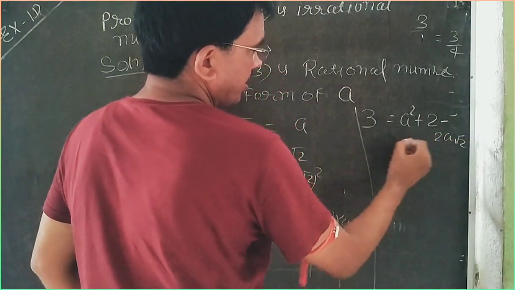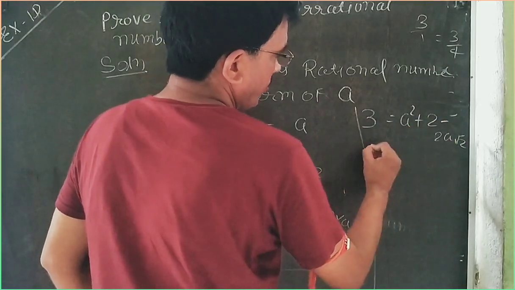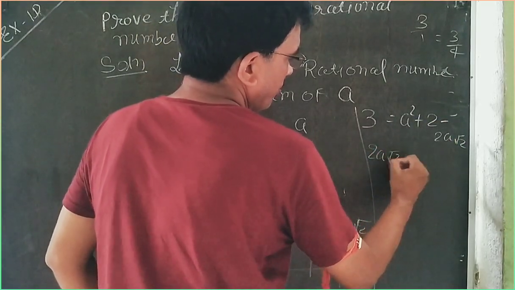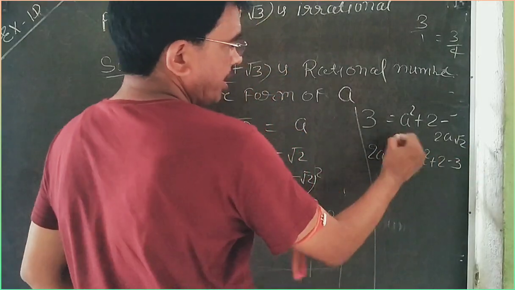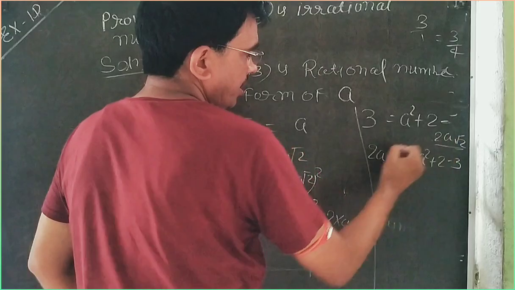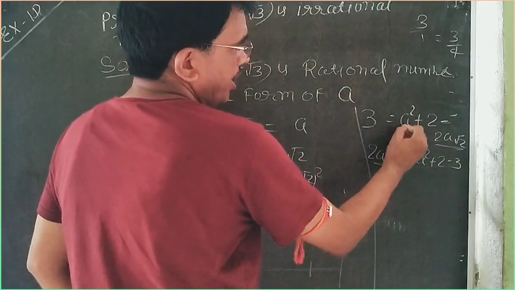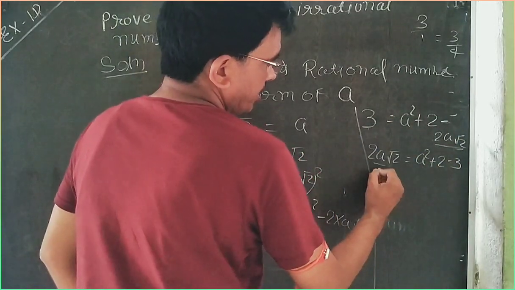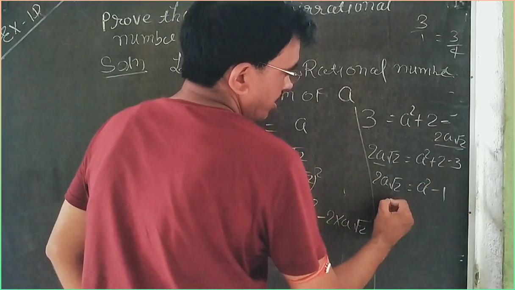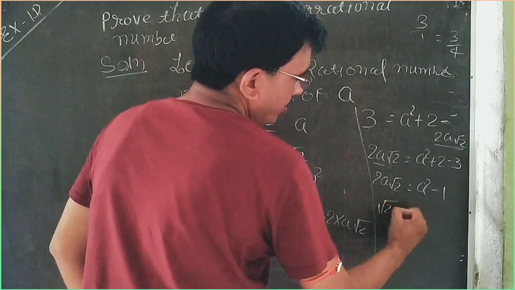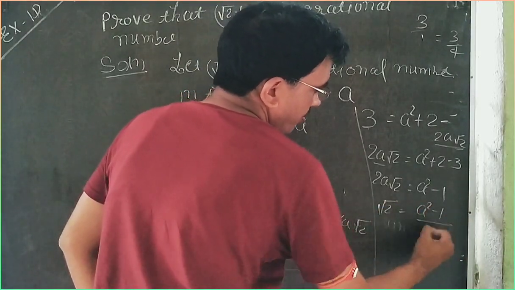Then 2a root 2 is equal to a square plus 2 minus 3. Then 2a root 2 is equal to a square minus 1. Then what is the value of root 2? It is (a square minus 1) by 2a.